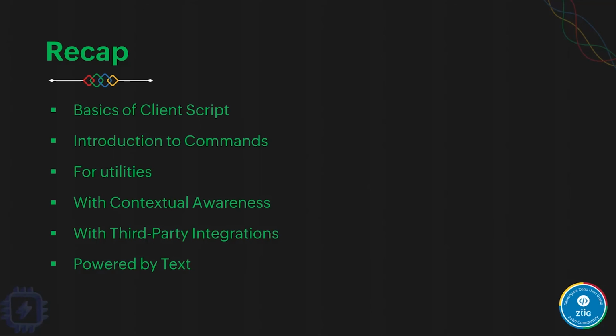How you can use it in particular modules, with contextual awareness, for example, like creating an order from the contact. By passing data from the contact to an order, you can just pass data that is contextually relevant using a command without having to wait for a particular event, right? How you can use third-party integrations, and how just by selecting the text, you can trigger a client script, trigger a command, and use it to perform the necessary processing that you need to do.